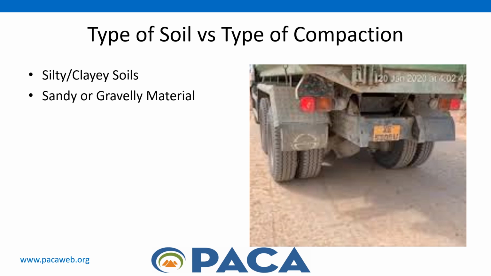If the material being stabilized consists of sand or gravelly materials, a vibratory smooth drum roller or a pneumatic tire roller should be used. For both types of material, the cement soil stabilization material should be uniformly compacted to a minimum of 95% of maximum dry density. As a final check, a proof roll by a tandem axle truck loaded to the legal maximum limit may be performed to ensure an adequate and uniform cement soil stabilization treatment.